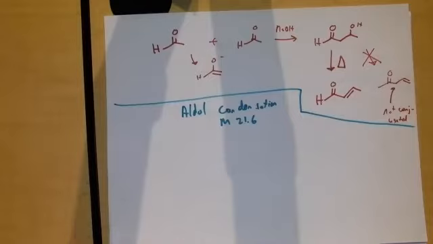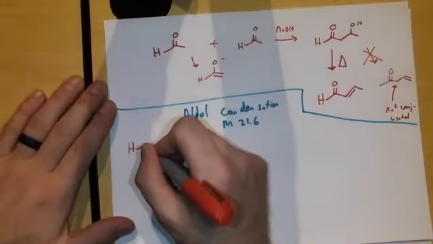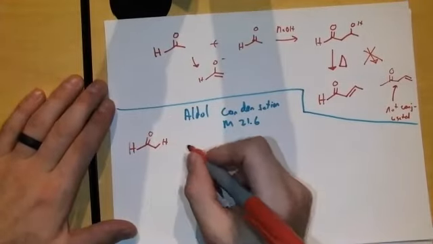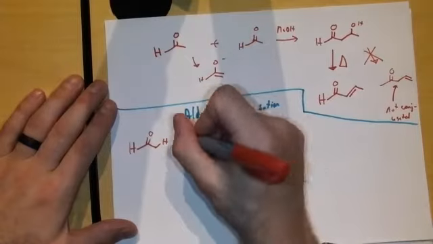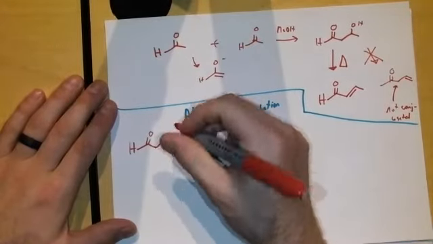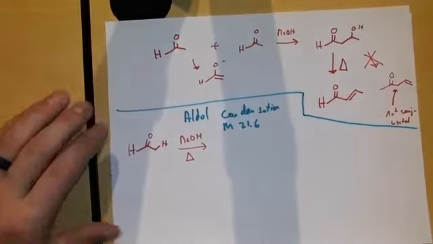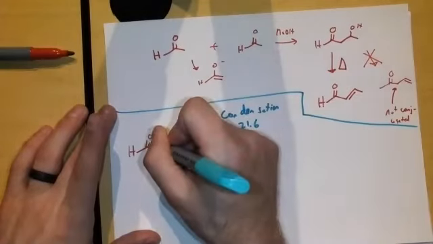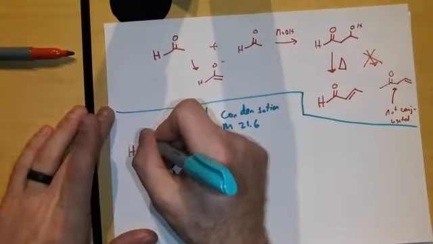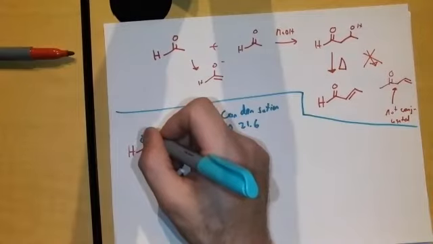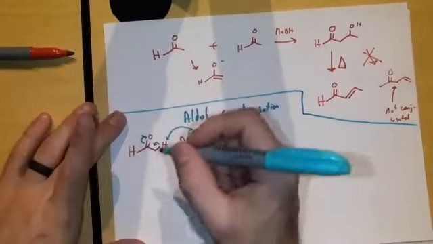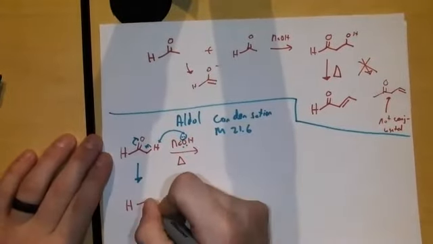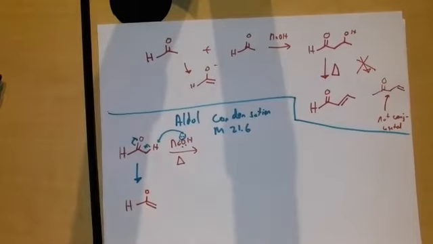So our first part of it's exactly the same. We're going to take an aldehyde, throw in NaOH. This time we're in heat. First step, we're going to pick up the proton, make our enolate.